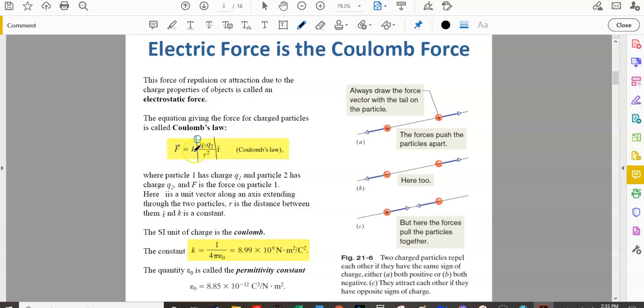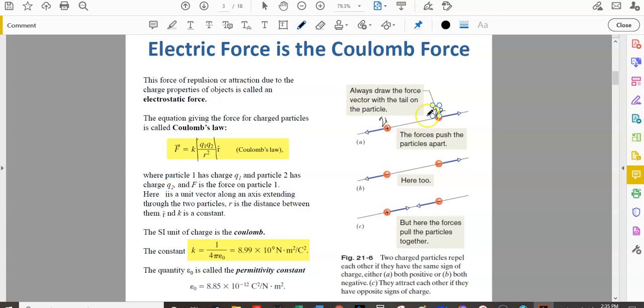The first thing you're going to want to do is draw a force diagram on the objects, picking one of them to do it on. Last time I chose this one, and this time I could choose to do Q2 over here instead of Q1.